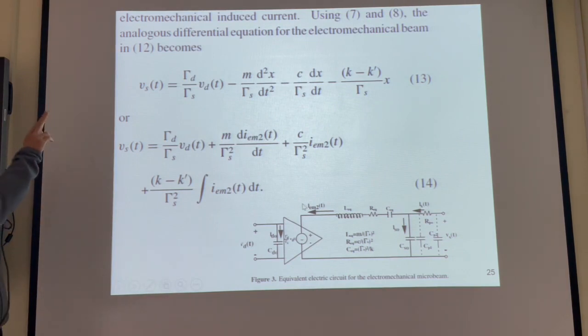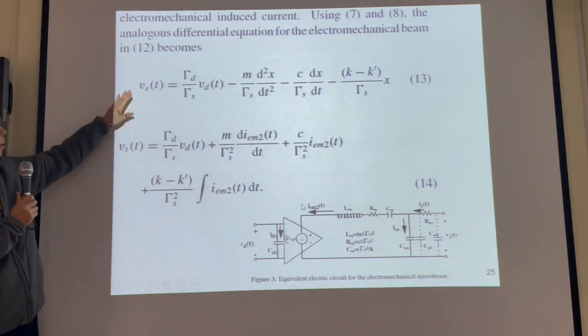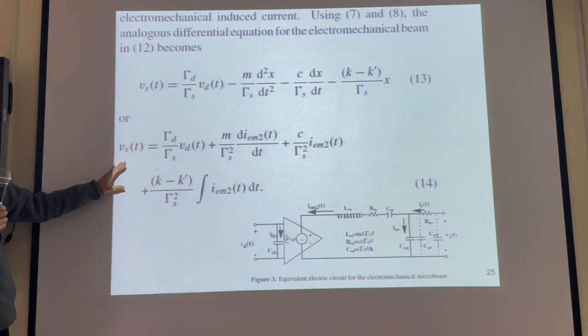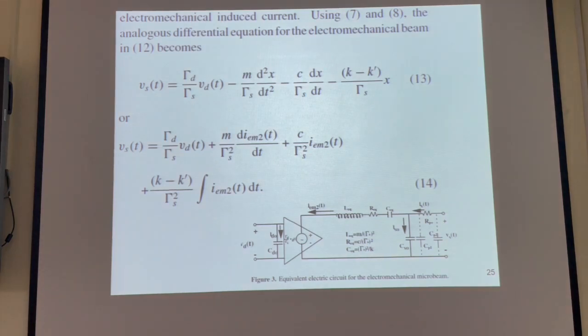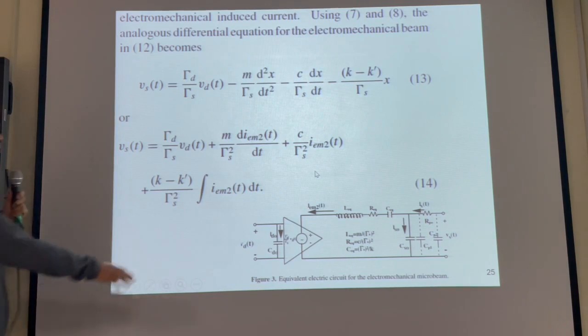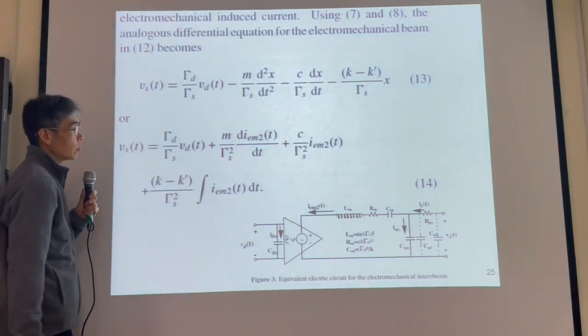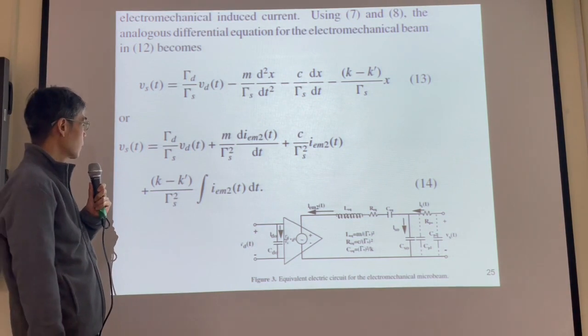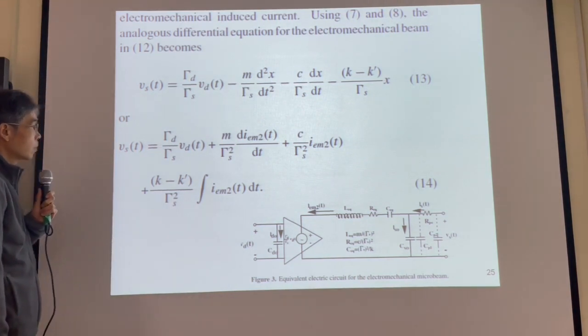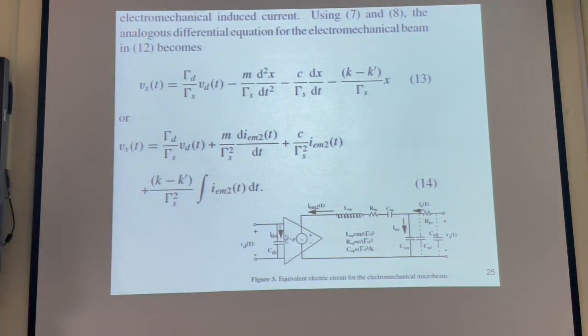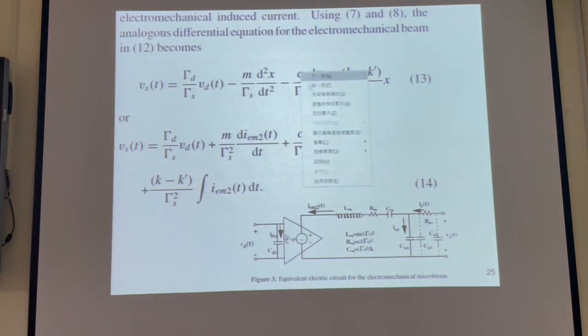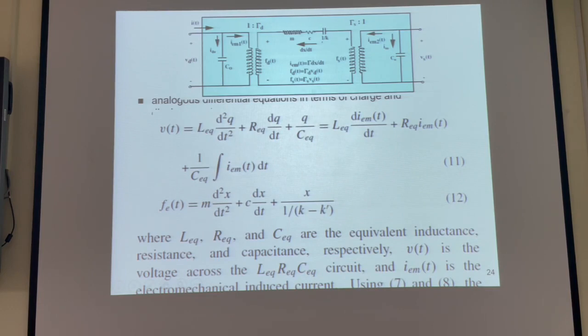So using 7, 8, and 12 to derive this one, and also derive this one. Using 7, 8, 12, we can derive this one, and this one can be written as this one. Using those relations: 12 here, and equations 7, 8.